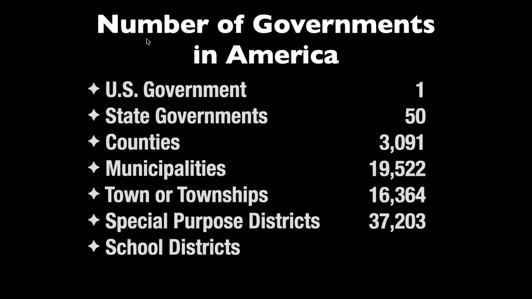And finally, we have school districts like the Iowa City Community School District, one of more than 12,000 school districts in the United States, all of which are probably shut down right now. So, in total, 89,000 governments in one country, 89,000 different bodies of elected officials here that are going to carry out all the things that need to be done to make the country work properly and efficiently.